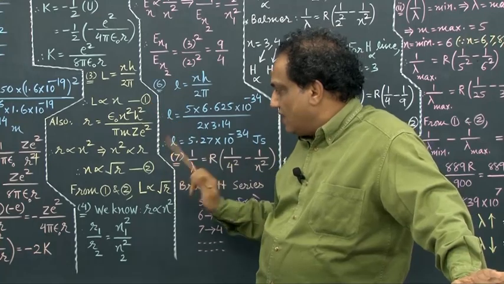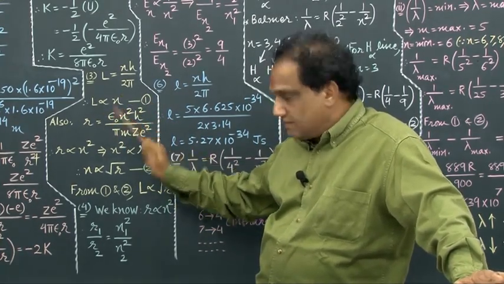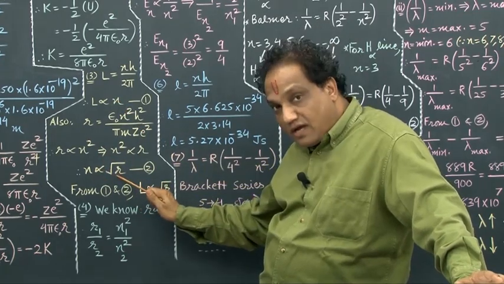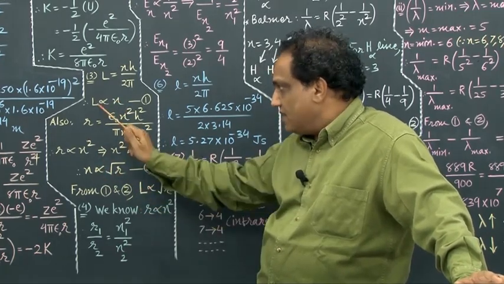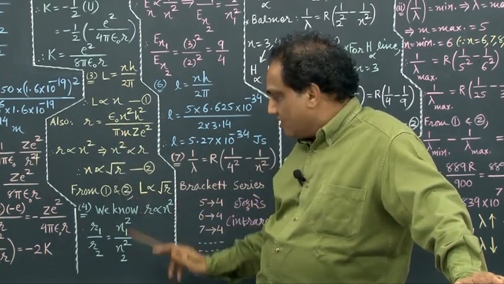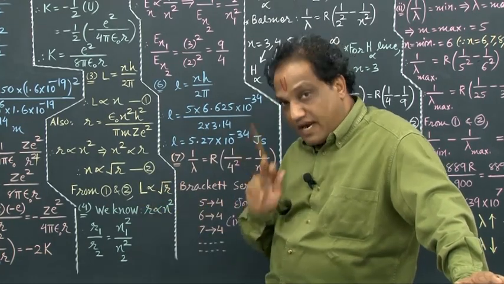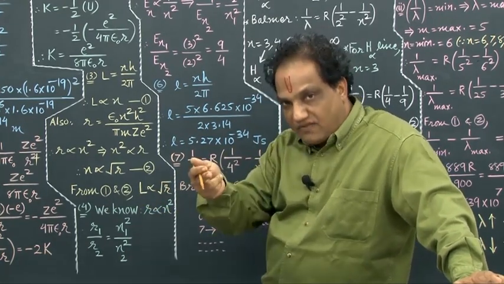When you combine these two relations, L proportional to n, but n proportional to under root r. So if you just combine these two, then L must be proportional to under root r. This is your final answer right now. But you may extend it further.